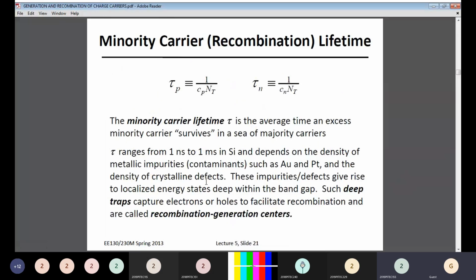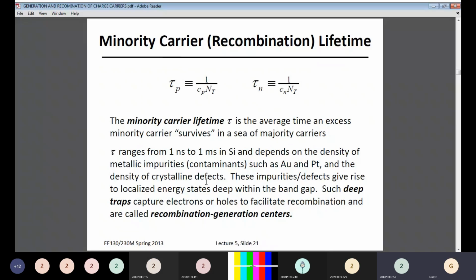Next, move on to the minority carrier recombination lifetime. Tau p is equal to 1 by Cp Nt, and tau n is equal to 1 by Cn Nt. The minority carrier lifetime tau is nothing but the average time required for an excess minority carrier to survive in a majority carrier region.